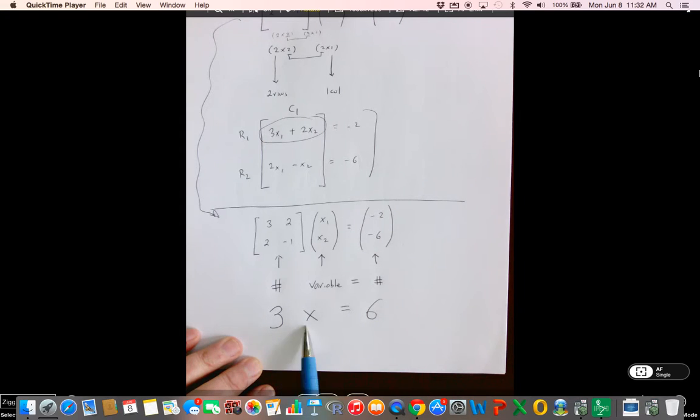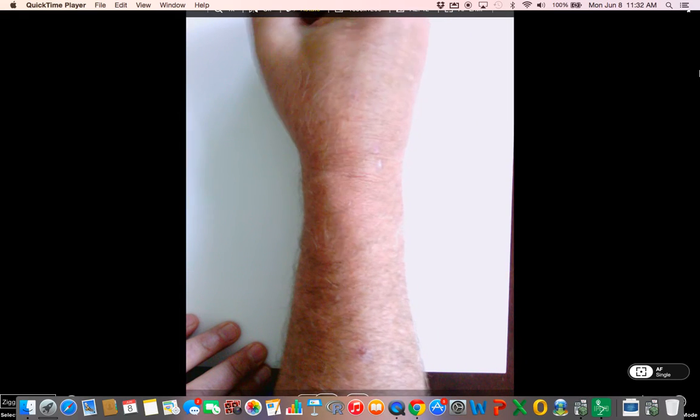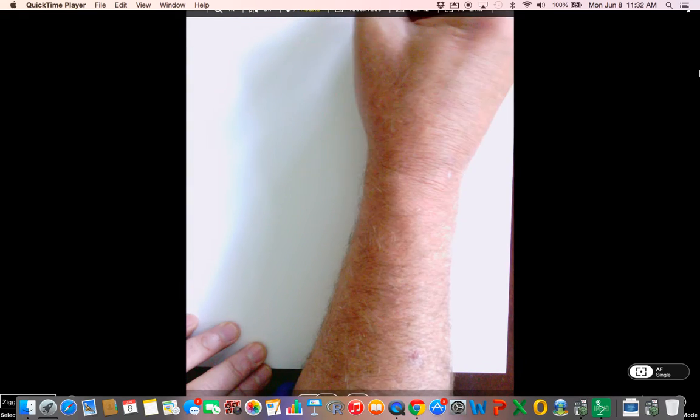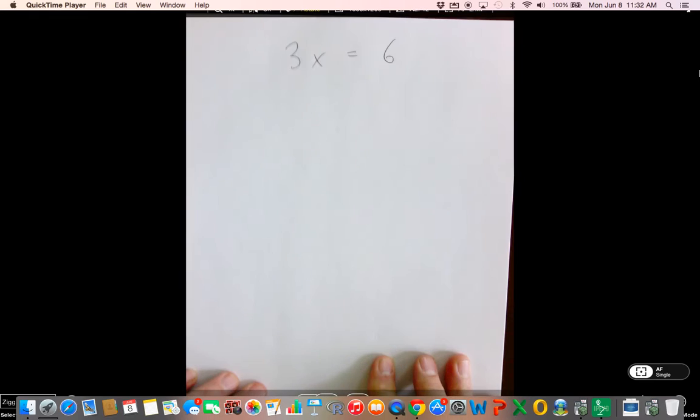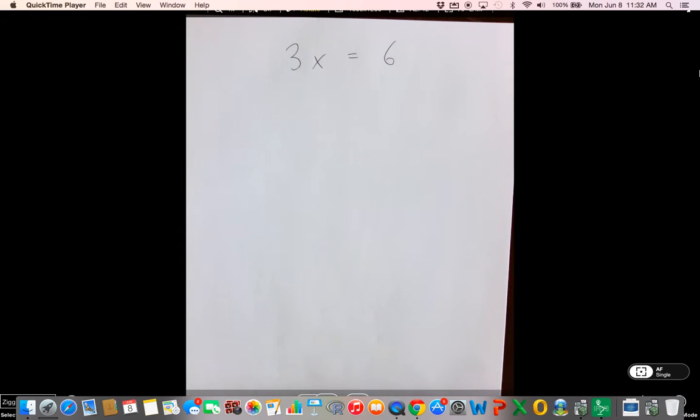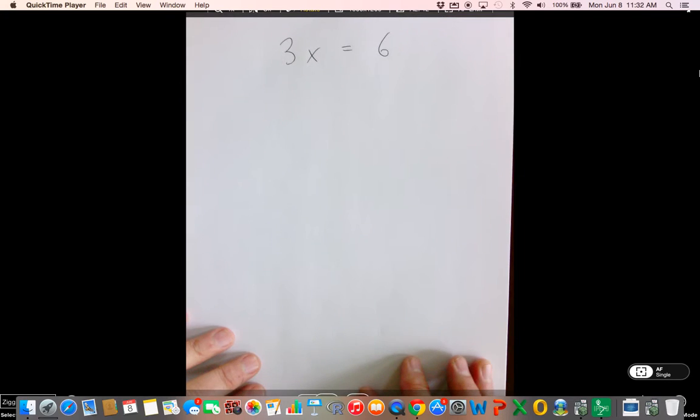Now, if we were going to solve 3x equals 6, what would we do? You might say, well, we divide by 3. But guys, we can't divide matrices. So what would we do here?